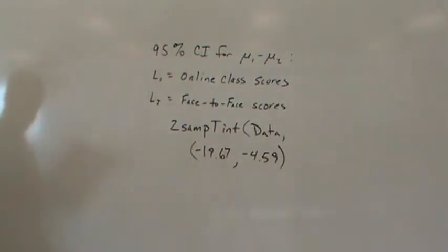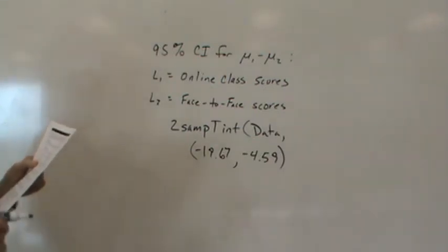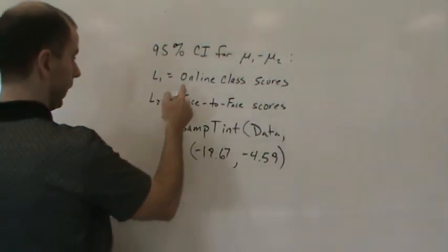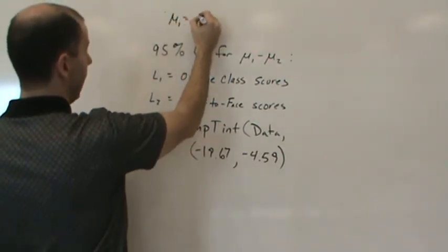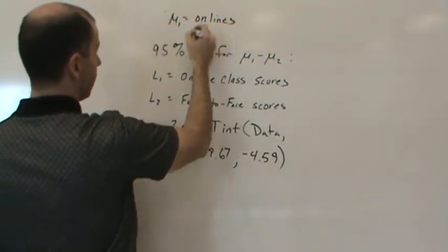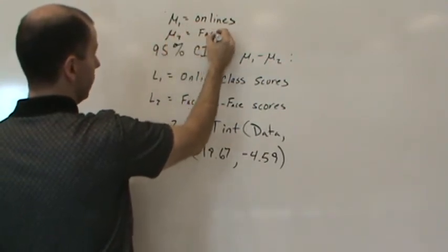Let me find out how they did the populations. They said let mu1 be the true mean for the online classes. Let mu2 be the true mean for the face-to-face classes.